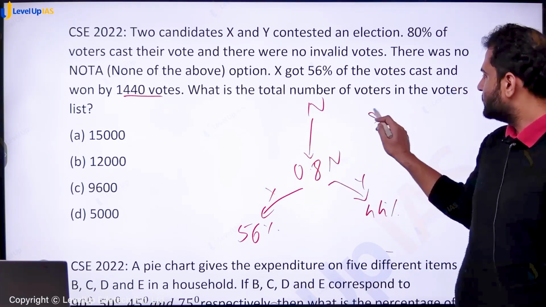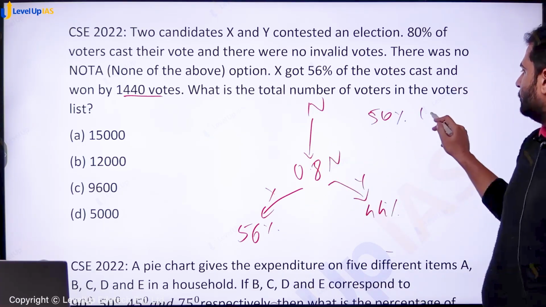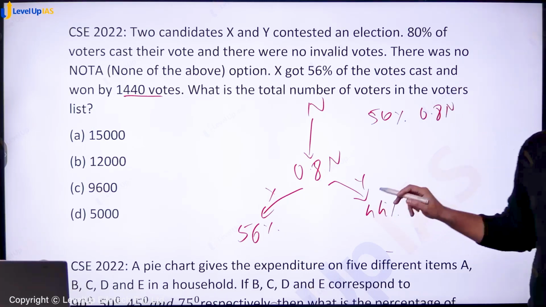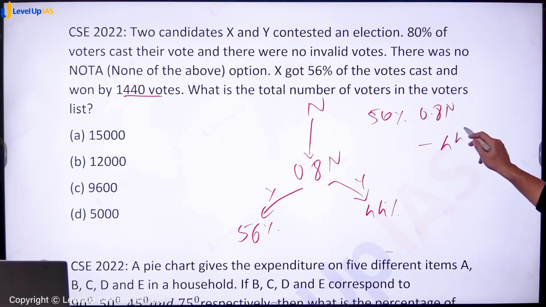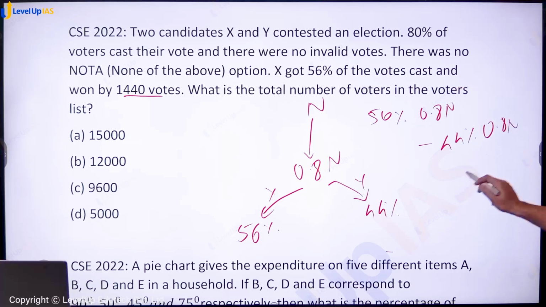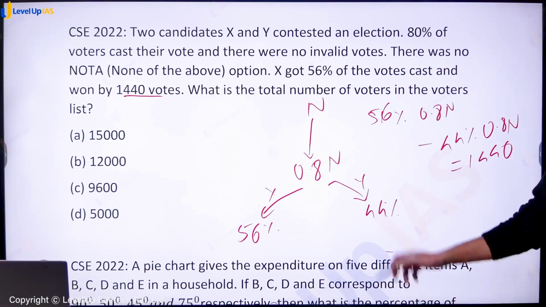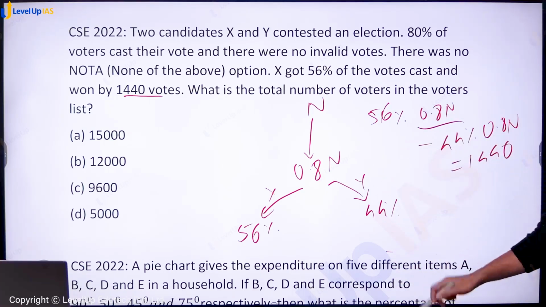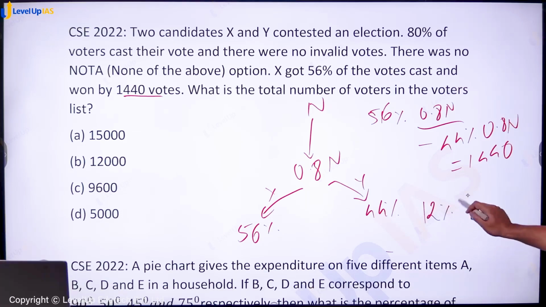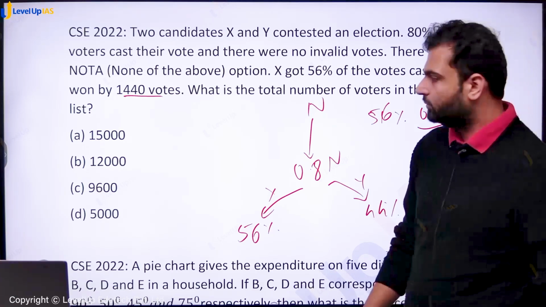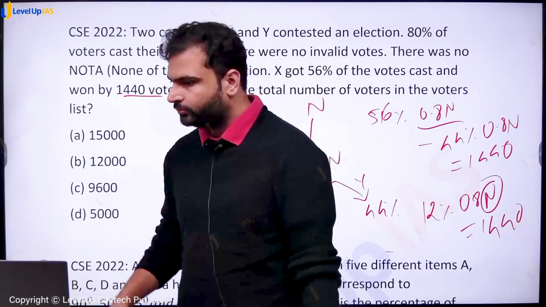So 56% of 0.8n minus 44% of 0.8n is equal to 1440. 56% minus 44% is 12%. We can take 0.8n common and we'll have 12% of 0.8n is equal to 1440. Only unknown is n. We can find out n. लगा दो.